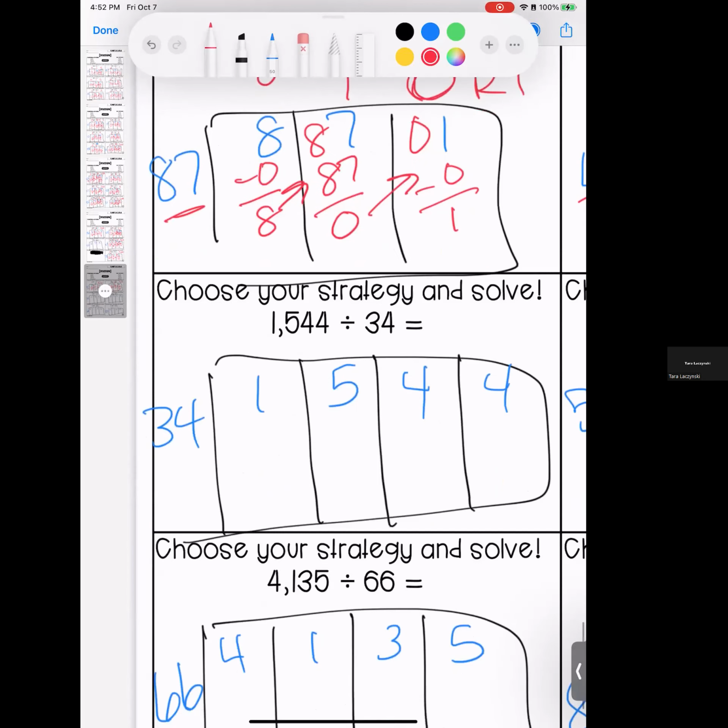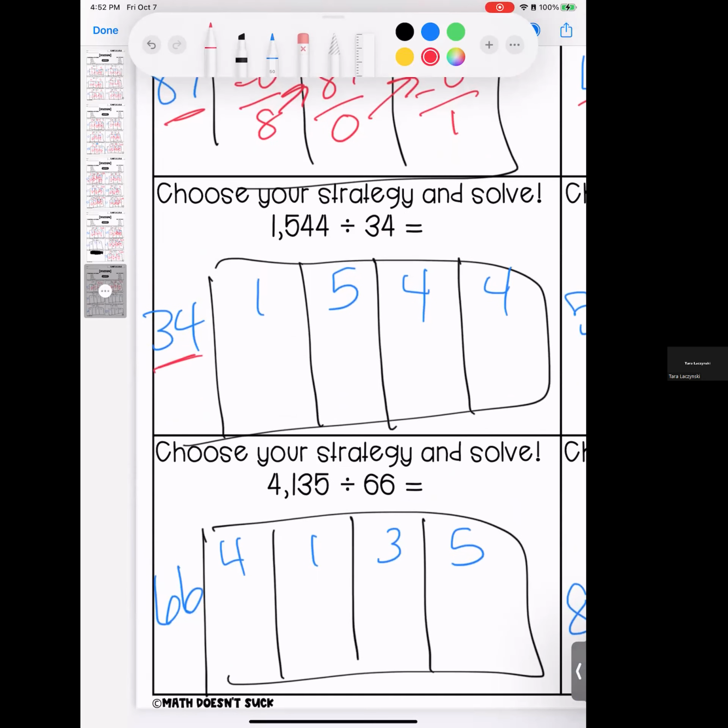All right, loves, 34. We're dividing 34 into 1,544. 34 is not going to go into 1. It is not even going to go into 15. But it will go into 154. The closest that we can get is 4 times. 4 times 34 is 136.